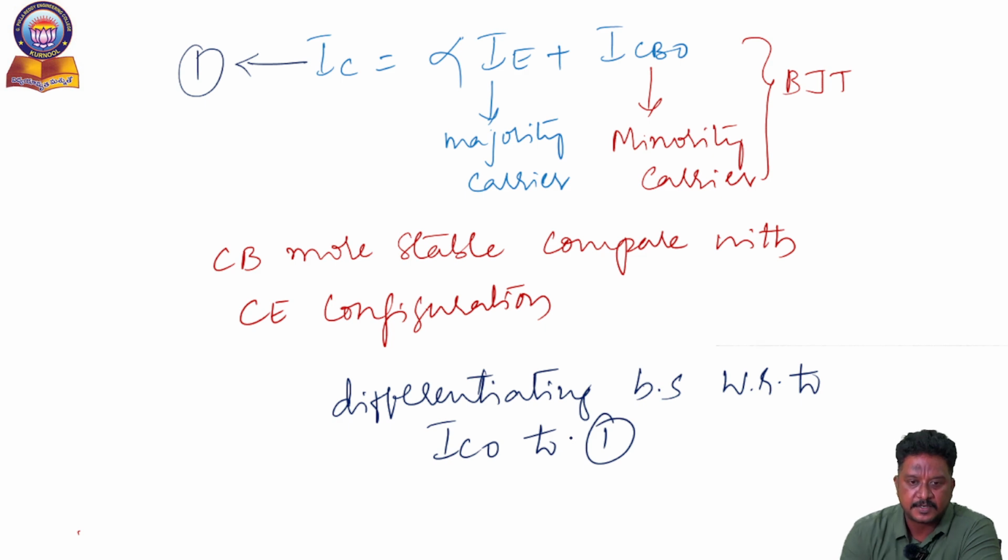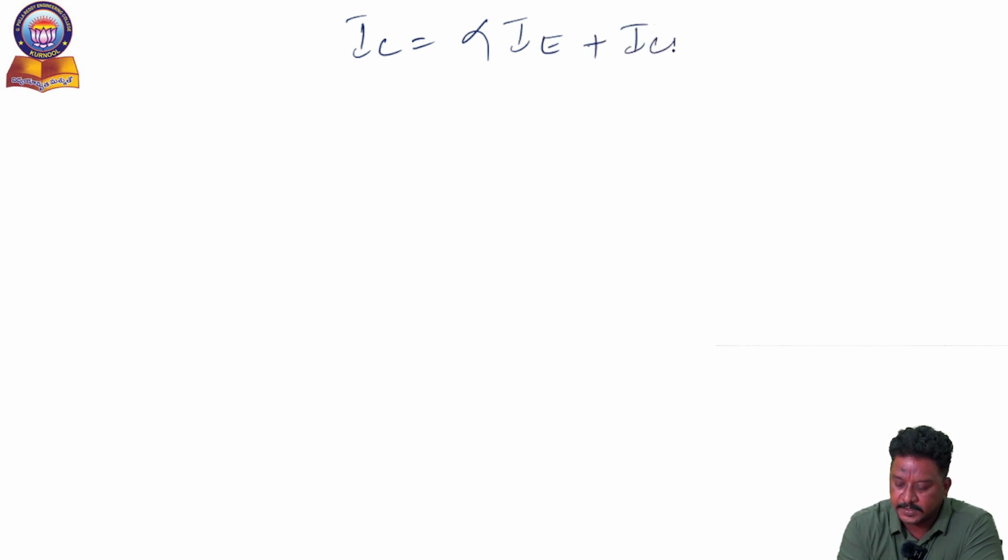After differentiating both sides with respect to ICO for equation 1, IC is equal to alpha IE plus ICBO. So I am differentiating IC with respect to ICO.